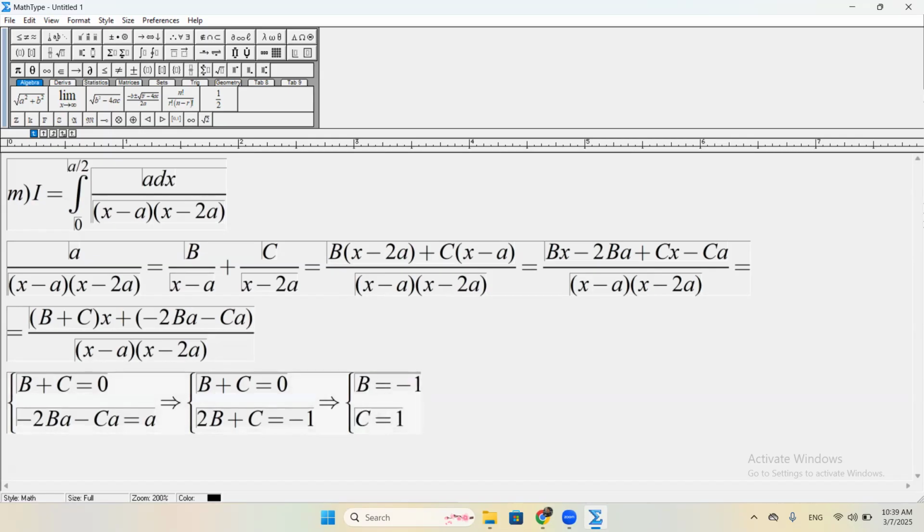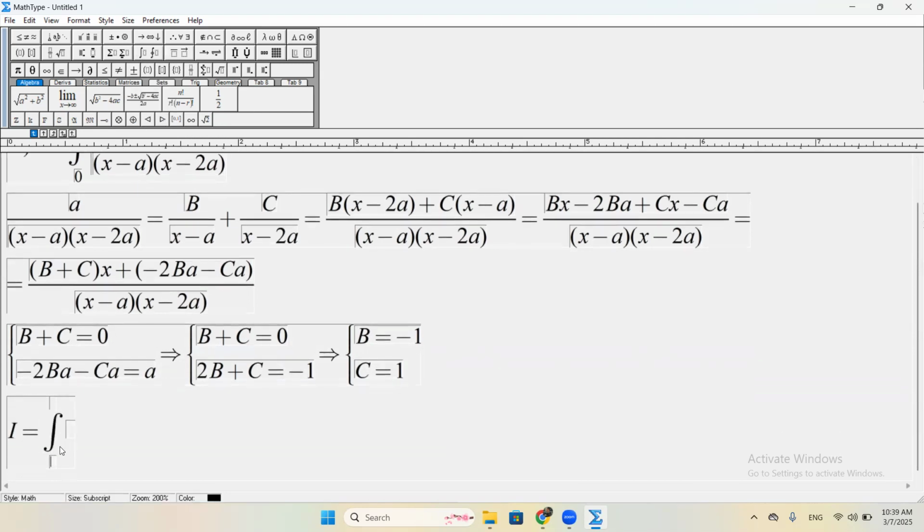And now I can rewrite the initial integral. So I equals the integral from 0 to a over 2 of minus 1 over x minus a plus 1 over x minus 2a.